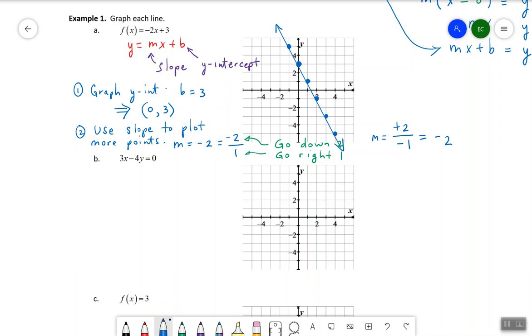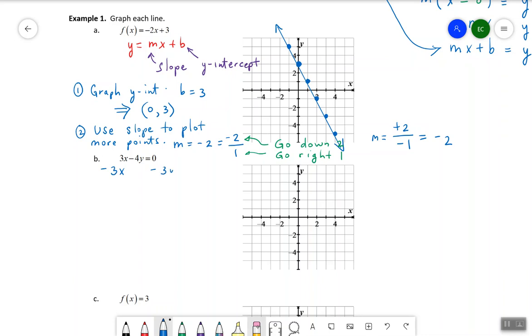Okay, let's go on to example 1b. This time we have the equation 3x minus 4y equals 0. Now, slope-intercept form worked real well for us in the previous example. Could we rewrite this equation into slope-intercept form? We could. So let's do it like that. Let's subtract 3x on both sides of this equation.